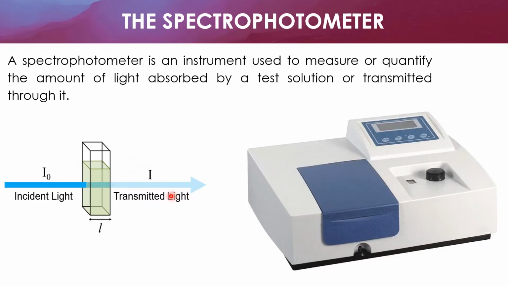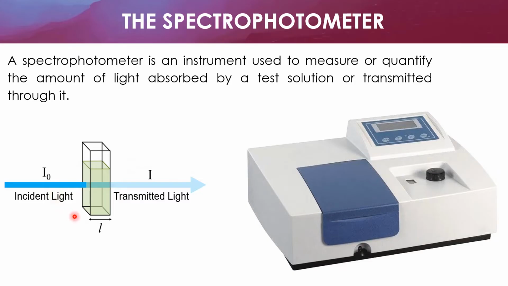This picture here is a compartment in the spectrophotometer and shows how a sample contained in a cuvette absorbs light when incident light from the light source of the spectrophotometer is made to pass through it.